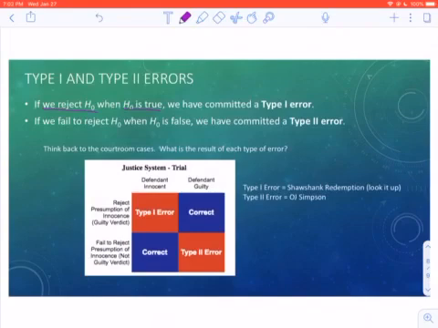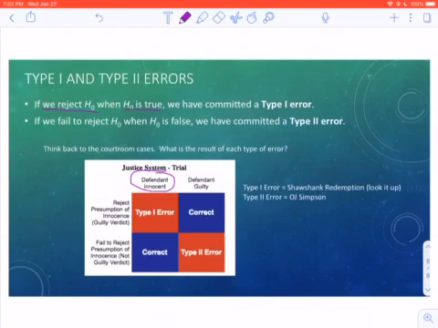So putting this in the context of courtroom cases, say I have a defendant that is actually innocent. So remember, we assume innocence, and we have to prove not innocent or prove guilty.